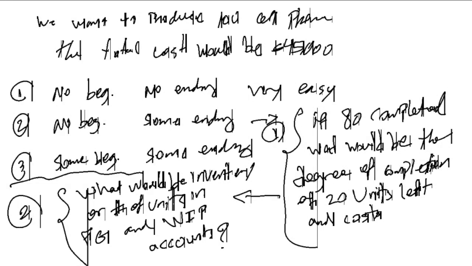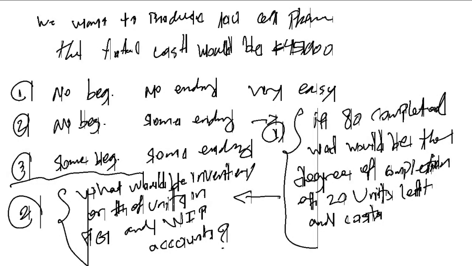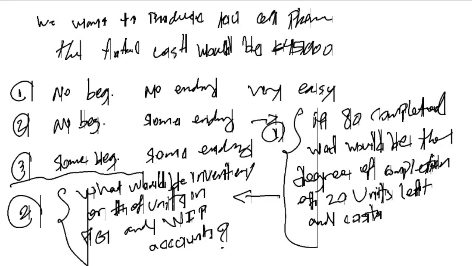So what is the issue? We know in both job costing and process costing, we need to assign the cost to our cost object and then account for cost in our balance sheet or income statements. If you start to produce 100 units, we could have maybe three situations.